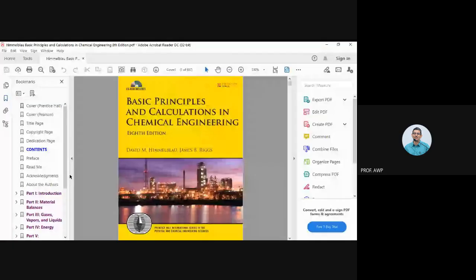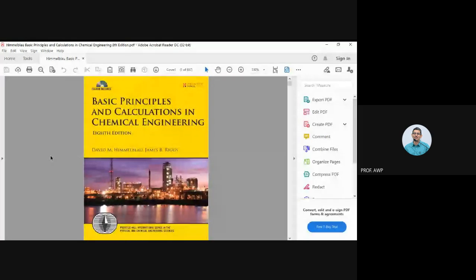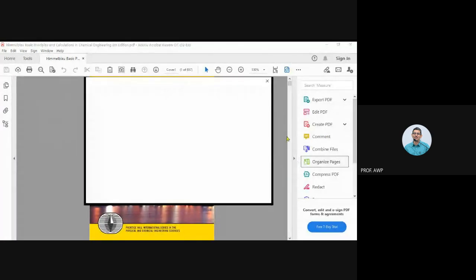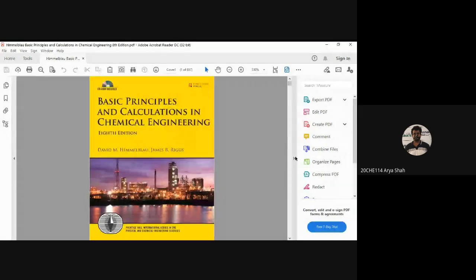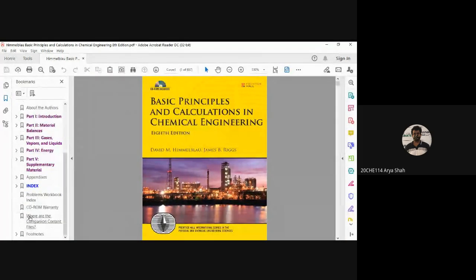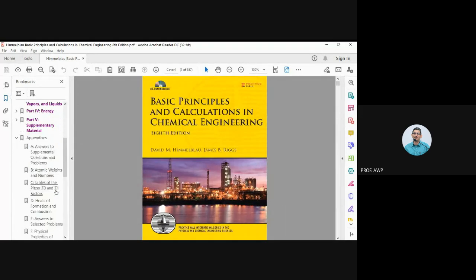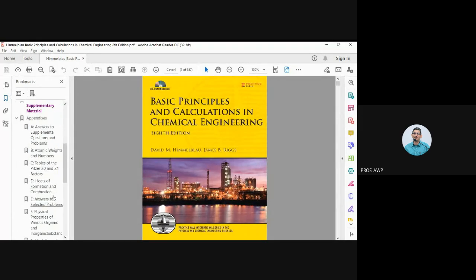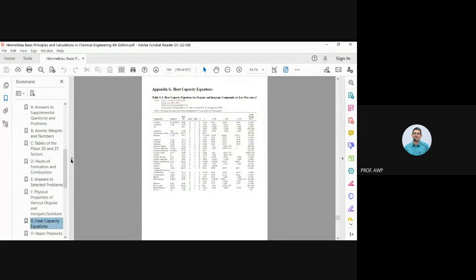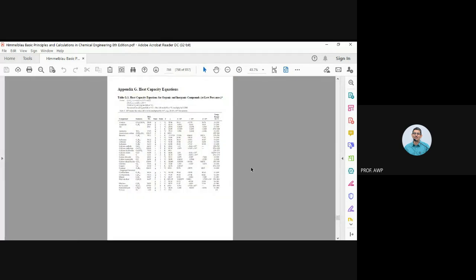Are you able to see the screen, Himmelblau's book? Yes, sir. Look at all these appendices, heat capacity equations. You see this?